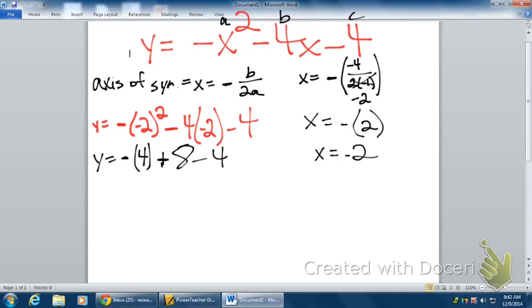When you add negative 4 to a positive 8, it's going to give you a positive 4. I told you zero. And y is going to be equal to 0. So now we know our vertex is equal to negative 2 and 0.